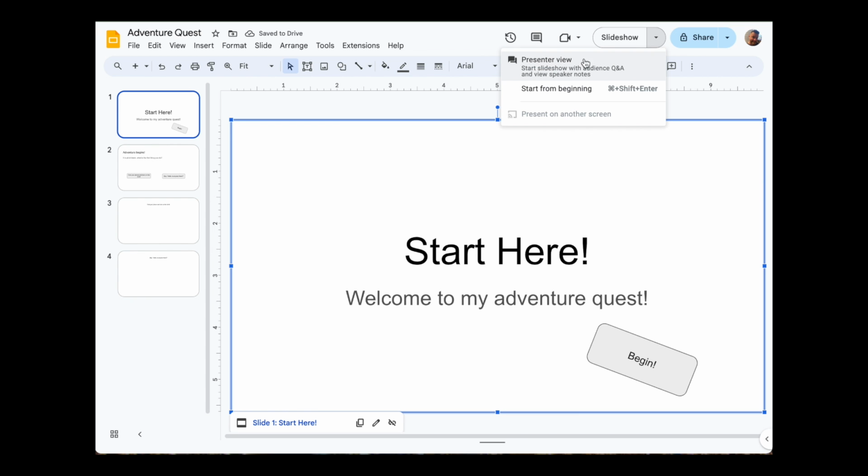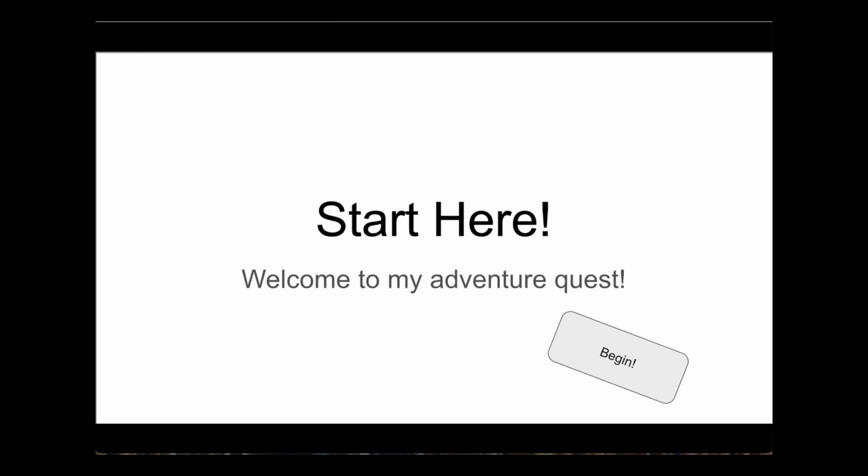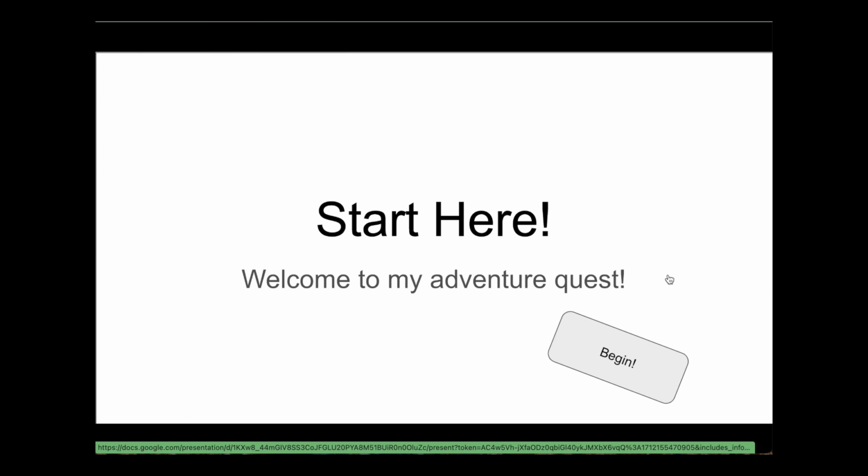So now when I play my slideshow, here we go, I can click anywhere on here and all it's doing is linking back to the same page. So nothing is moving on. But the problem is now my transparent rectangle is over the top of my button and my button isn't working.